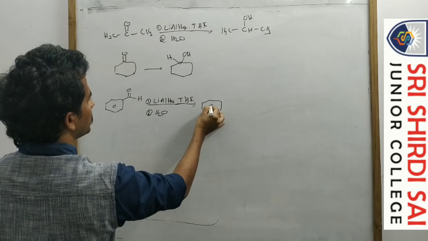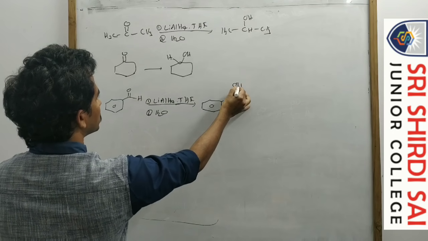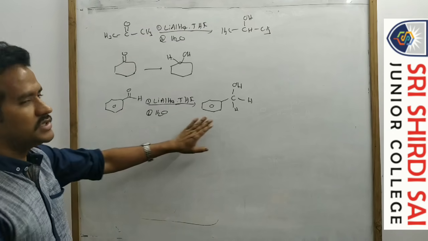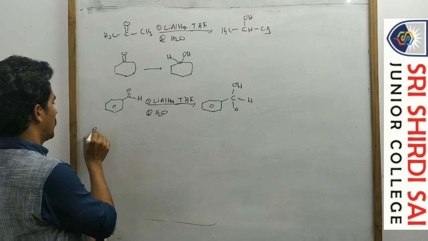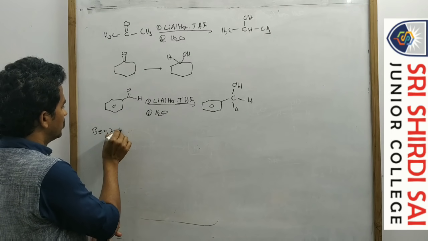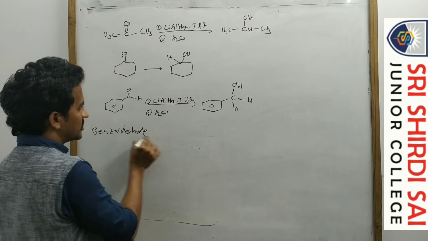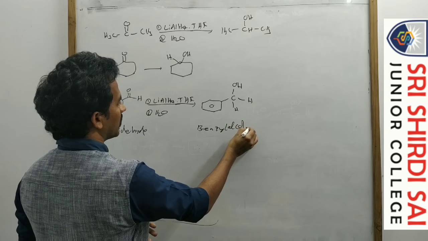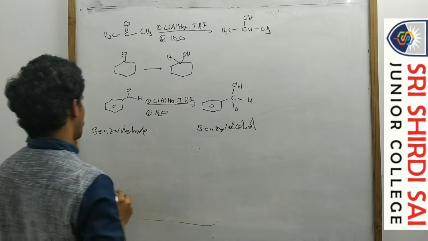That produces benzyl alcohol, C H2 OH. Benzaldehyde is reduced to benzyl alcohol. That's it.